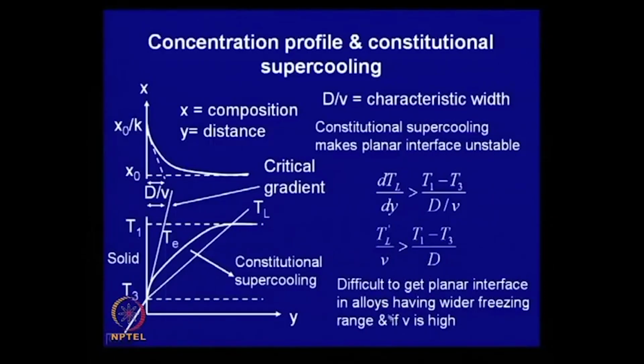Looking at this diagram, or this type of relationship, you can see that it will be difficult to get a planar interface in alloys where this temperature is very high, and also if the cooling rate is very high, the V, that rate at which the interface moves, it will be extremely difficult to get a planar interface. Also, if the alloy has a wider freezing range, then also it will be very difficult to get a planar interface.